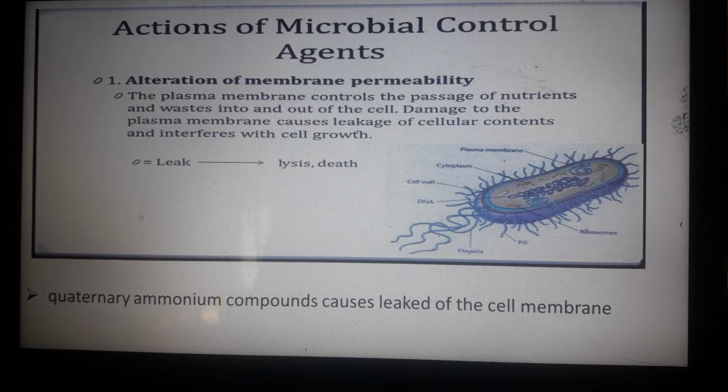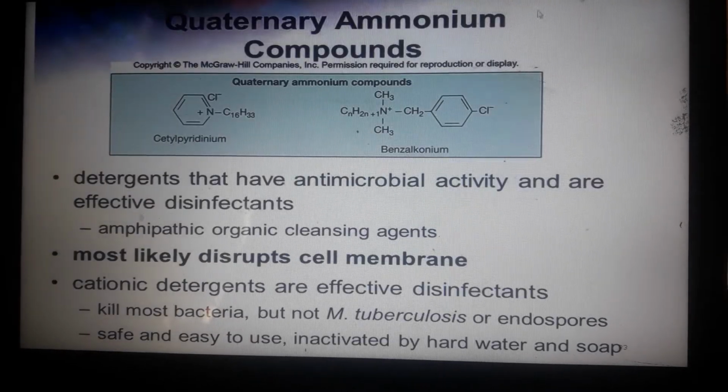It will also cause damage to the genetic material of the bacteria, which will inhibit its growth or even lead to the death of the bacteria. So we have here quaternary ammonium compounds.